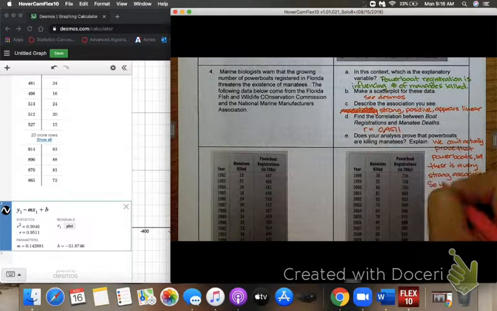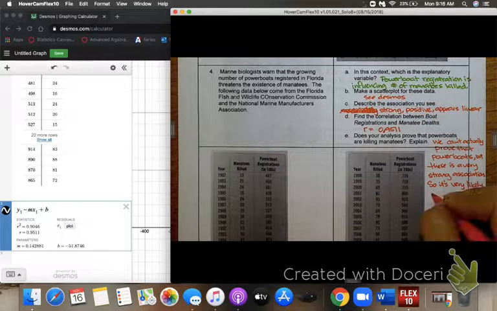So it seems very likely that increased powerboat registration is contributing to manatee death.